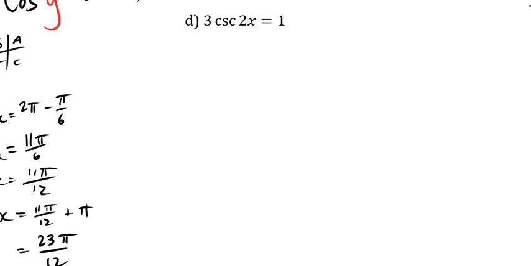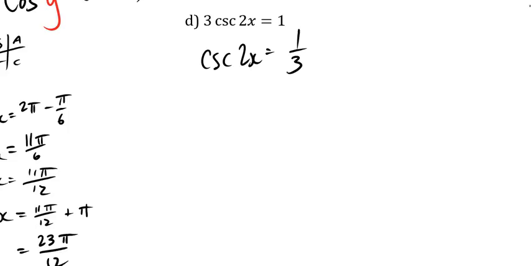All right, one more here. So this one's got a double angle. What's different as well? It's got a reciprocal ratio. Cosecant. This is like a grade 9 skill.